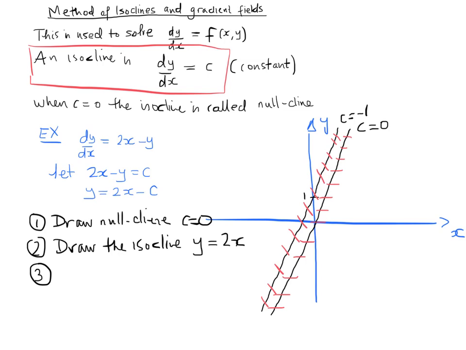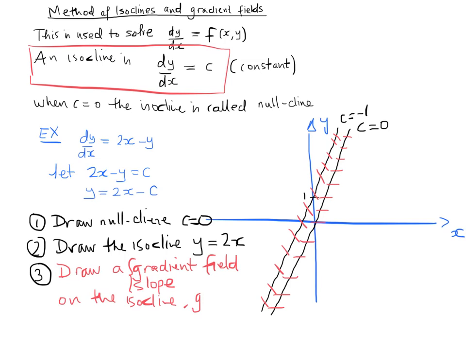Step 3 would be, I'll do this in red so it corresponds to the red on the graph, draw a gradient field, or otherwise known as slope field, on the isocline, gradient 0, which is that 0 there. Okay, and then we did the same thing again. And then basically repeat for as many isoclines as we feel as though is necessary.